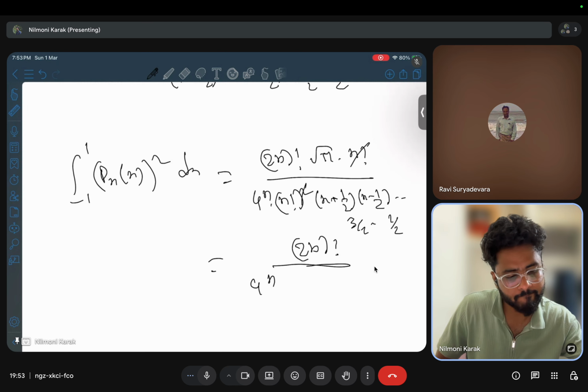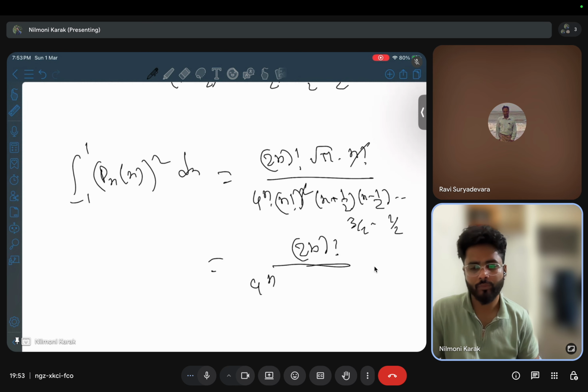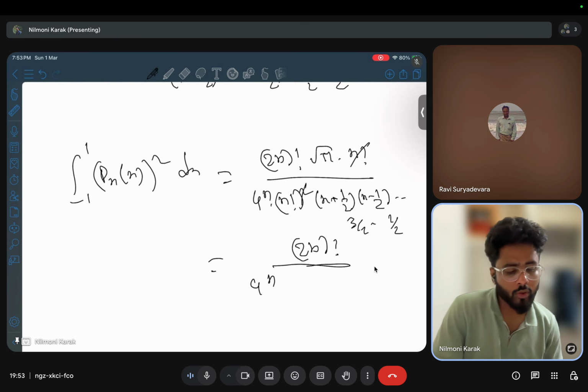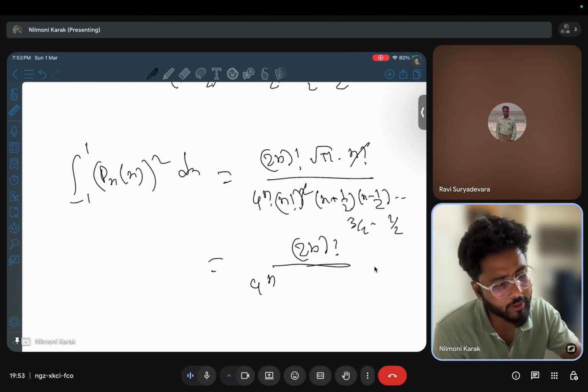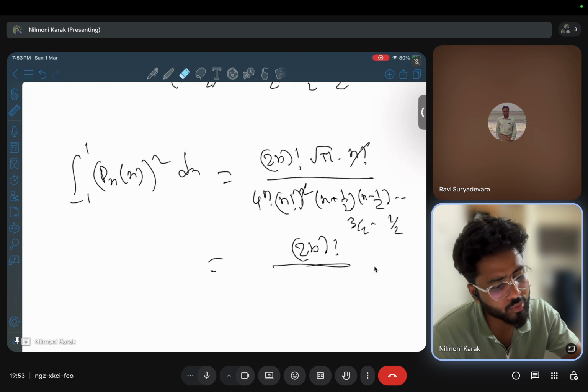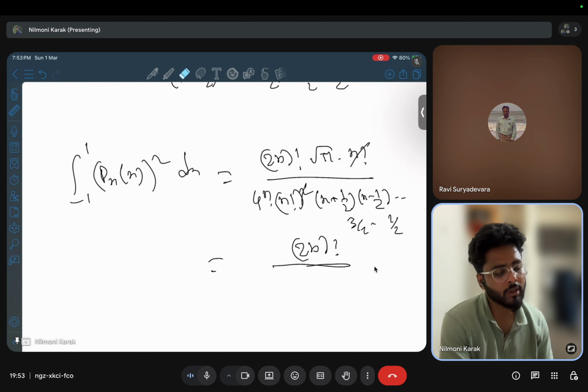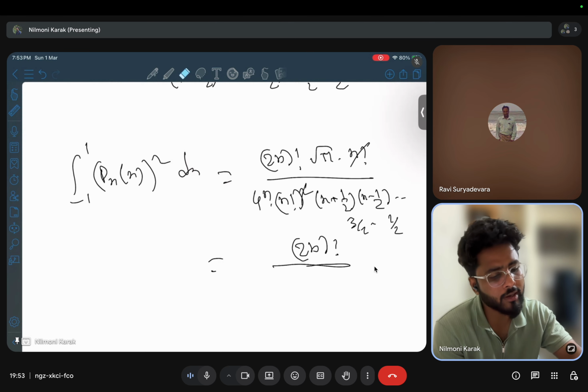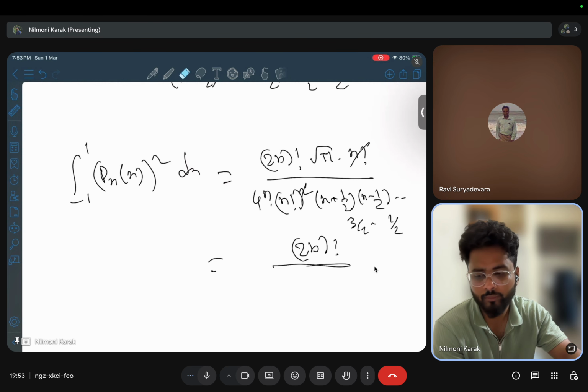See here, how many terms are there: half, minus half, 3 by 2? So 0 to n, so n plus 1 terms, right?